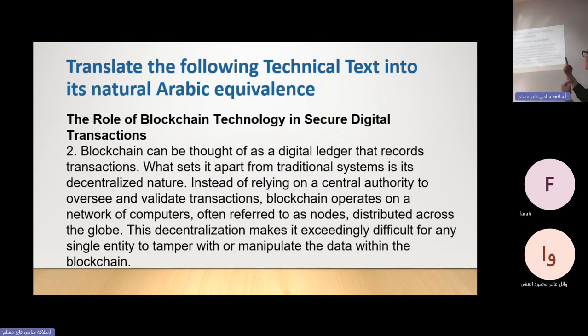Instead of relying on a central authority to oversee and validate transactions, blockchains operate on a network of computers, often referred to as nodes. Nodes. Okay? This is a node. This is a node. Node.